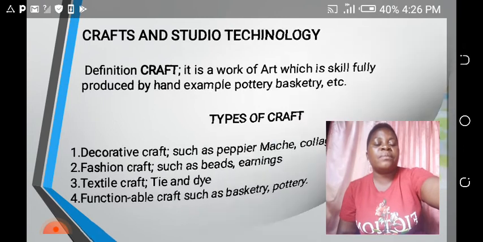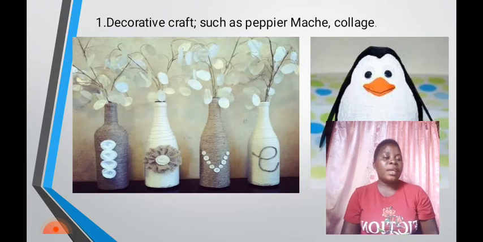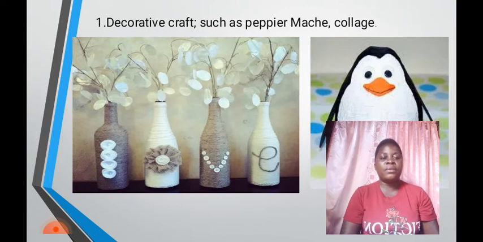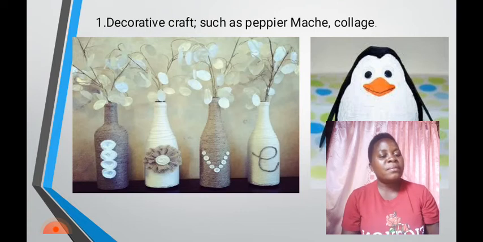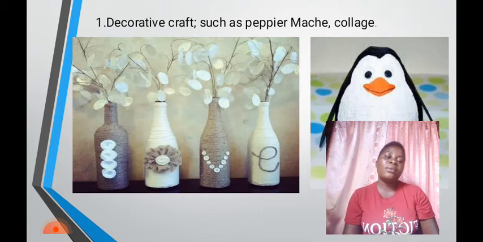Decorative craft. What are decorative crafts? Decorative comes from the word decoration. Therefore, these are crafts for decorations, for designing in certain events and in our rooms. These are decorative crafts, like papier mâché, like flower pots for both indoor and outdoor. Those are all under decorative craft.